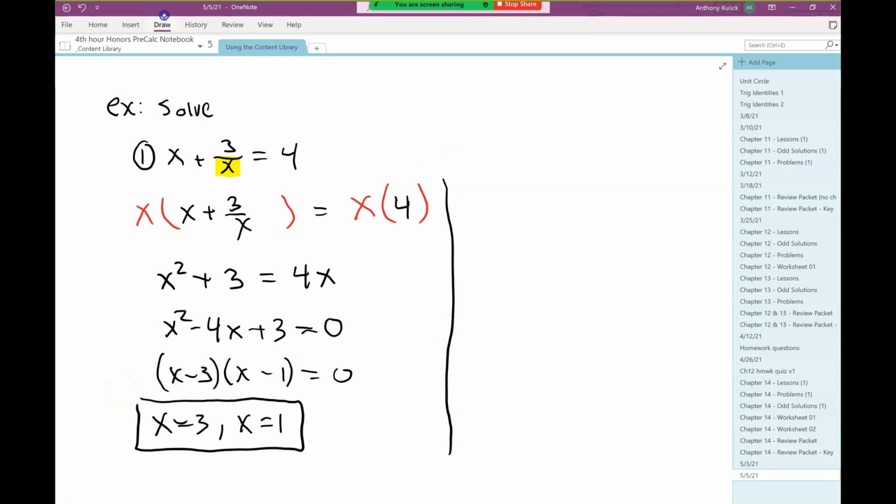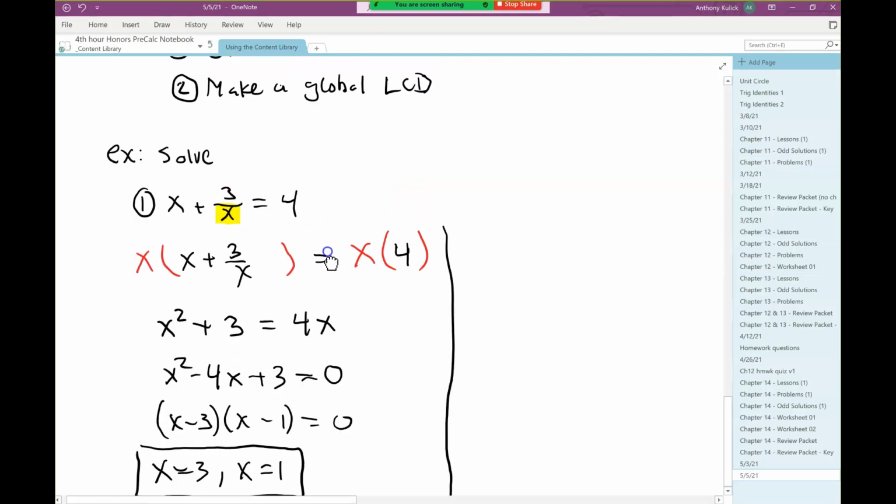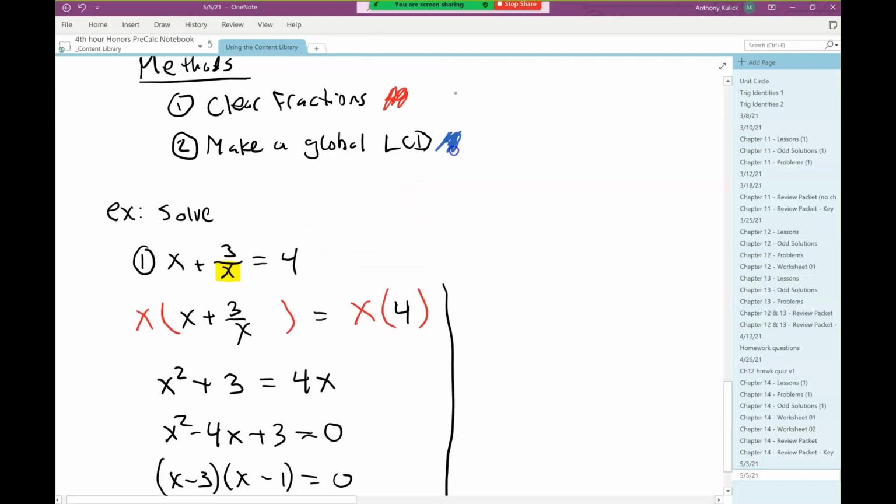Now if I wanted to do the same problem by making a global least common denominator, let's show what I would do there. So again, that least common denominator would be x, right? So I'm going to multiply x by x over x.